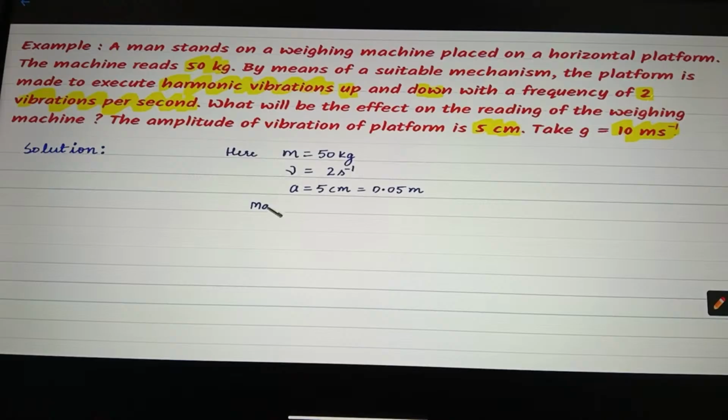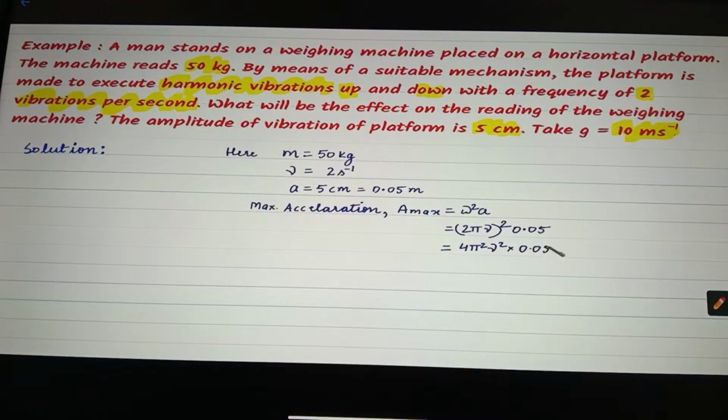And we know that maximum acceleration A max is equal to omega square A. So that is equal to omega, which is 2 pi nu, whole square, multiplied by A, where A here is 0.05, which is equal to 4 pi square nu square multiplied by 0.05.